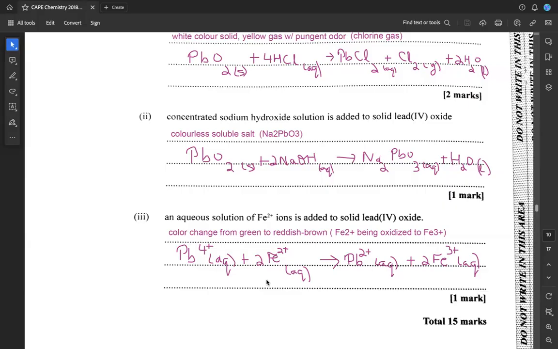And you can look at the half equations and the associated cell potentials. And as we would have discussed in our section on redox equilibria, if a reaction is going to be feasible, that means that the overall standard cell potential is going to be positive. Just be able to do that as well as it relates to these kinds of analyses, because that's a possibility of a question as well.